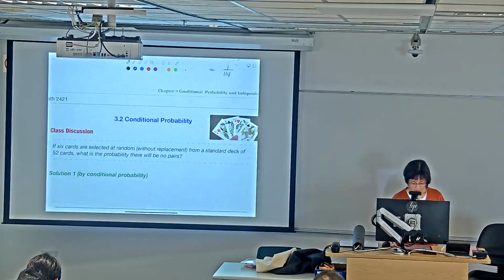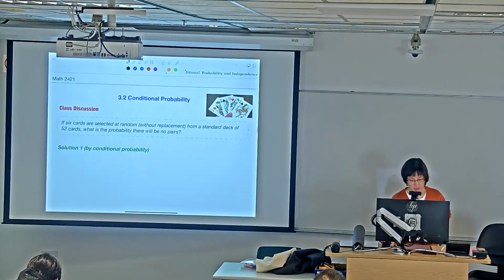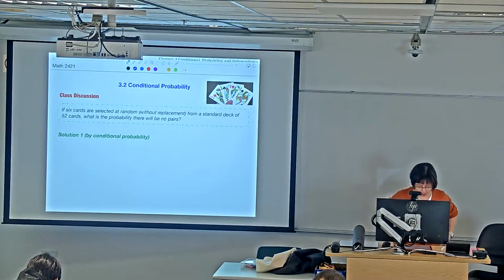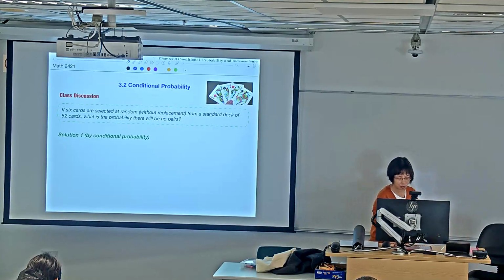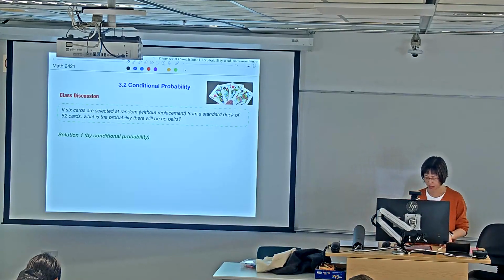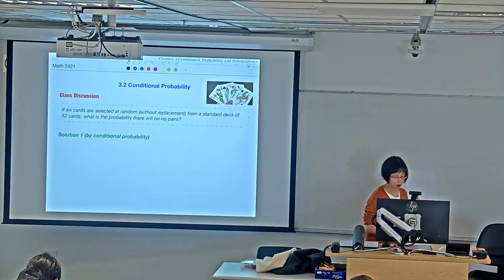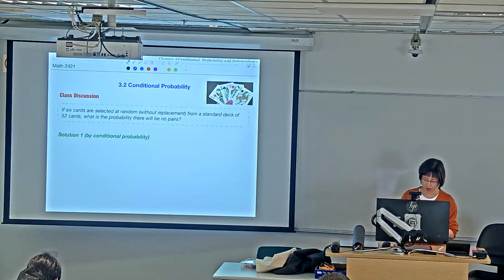Okay, so let's look at the last one. Here we want to choose 6 cards at random, without replacement, from a standard deck of 52 cards. What is the probability that there will be no pairs among the 6 cards?